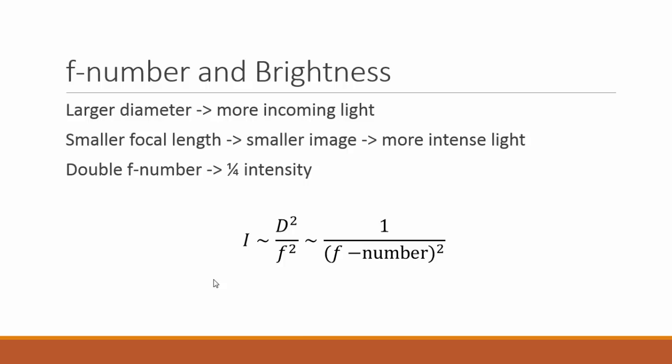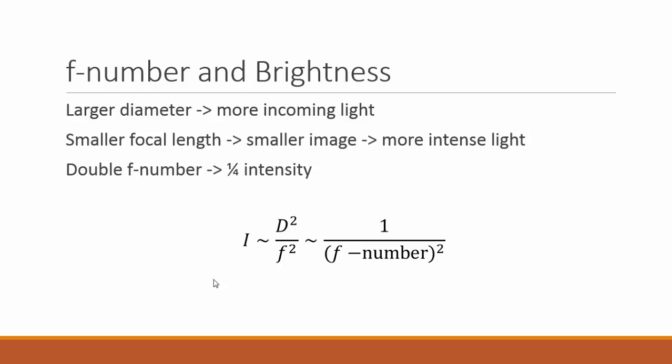It's also important to note that the focal length is related to brightness as well, because if it's a smaller focal length, then you end up having a physically smaller image, which means that the same amount of light coming in through the camera is concentrated into a smaller area, and therefore is more intense, because the intensity is the amount of energy hitting a surface every second divided by the area of that surface. So it's a density. The more dense the light is, the higher the intensity is.